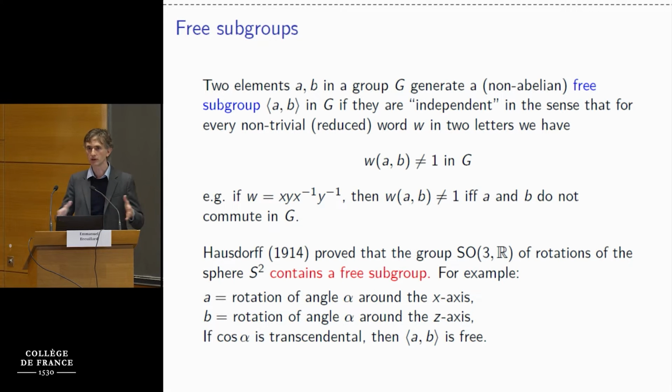It's a long matrix product, and every entry will be a polynomial in cosine alpha. He shows, by induction on the length of the word, that this polynomial does not vanish. So if cosine alpha is transcendental, then you get a free group.